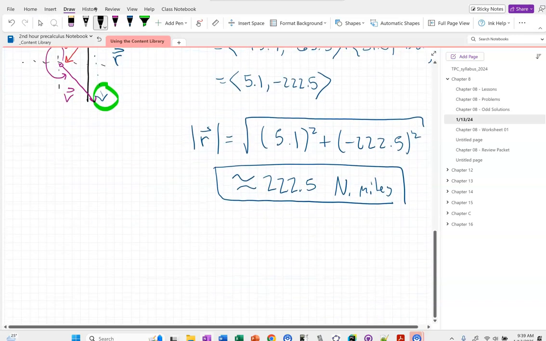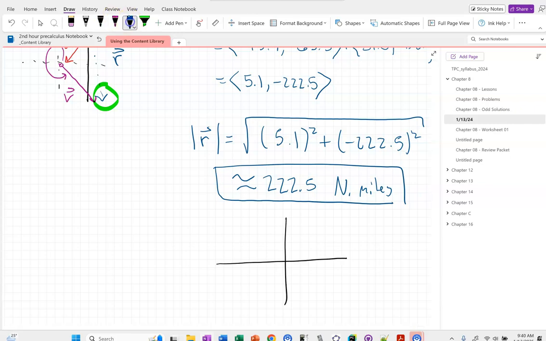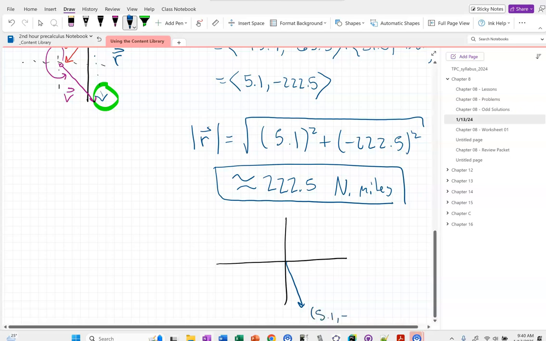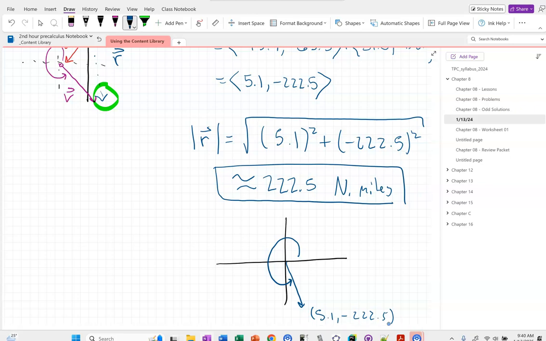So if I think about this, R is down here at the point 5.1, negative 222.5. And we want that value, right?